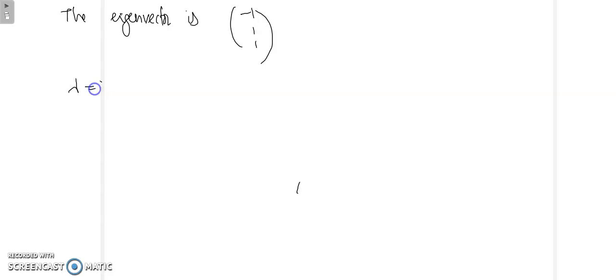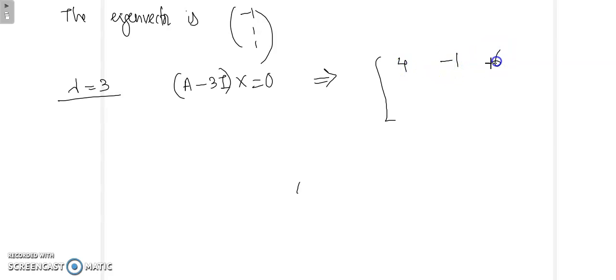Now let us take lambda equal to 3. So when lambda equal to 3, again take the matrix A minus 3I x equal to 0. So when we subtract 3, you will get 4, minus 1, 6, then minus 10, 0, minus 12, minus 2, 1, minus 4.